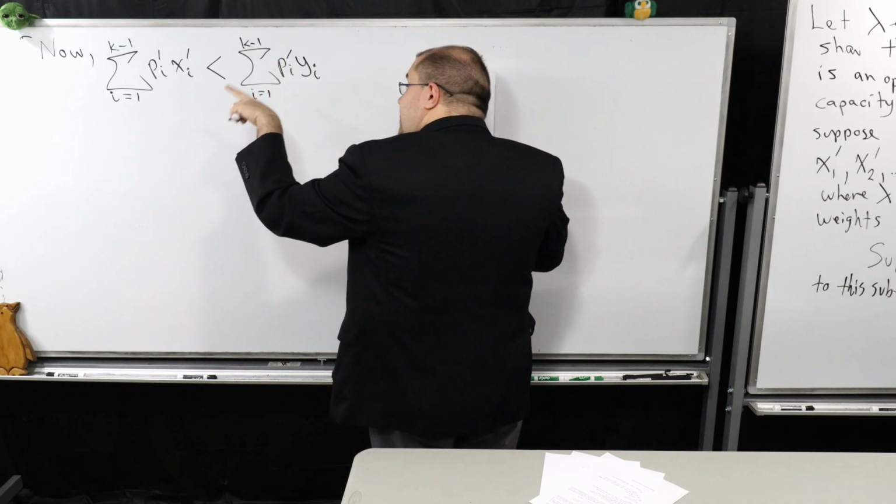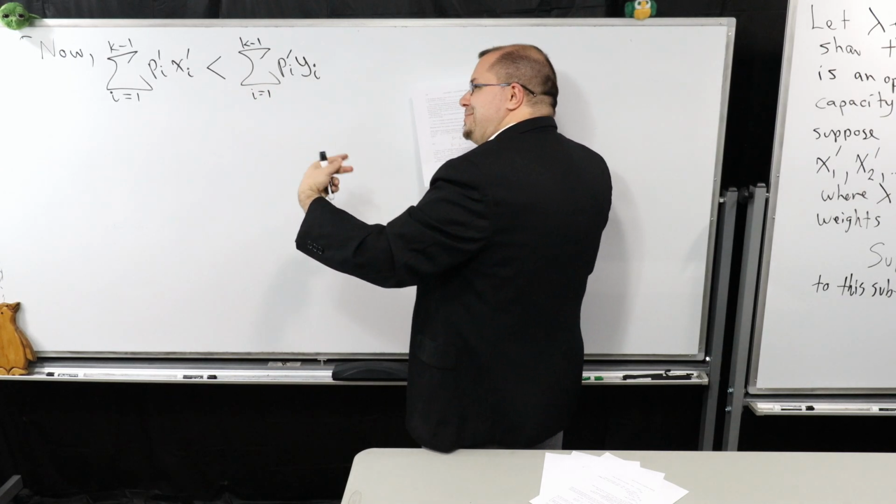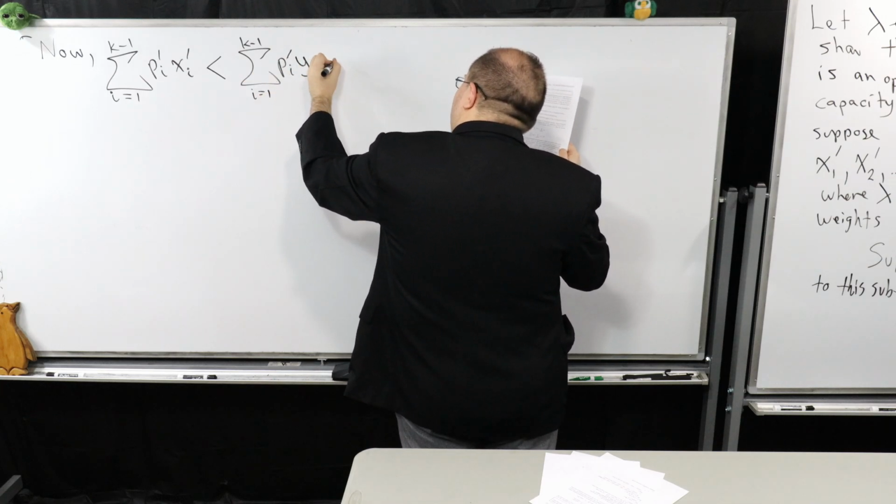Now this is because of the assumption we made, right? It means that this answer is better than that one, which is part of our assumption. It's baked right in.